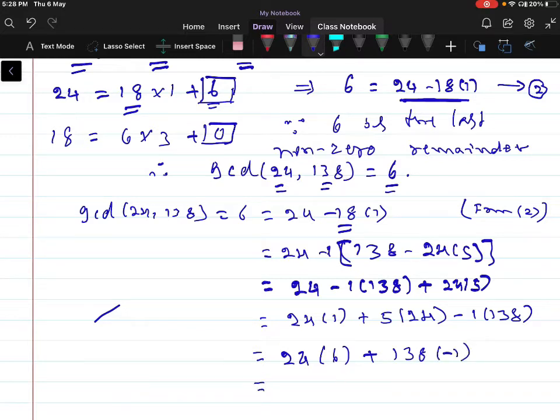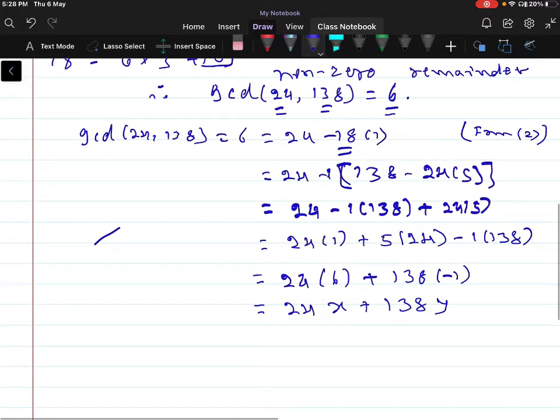So this can be written as 24 into x plus 138 into y, where x is equal to 6 and y is equal to minus 1.